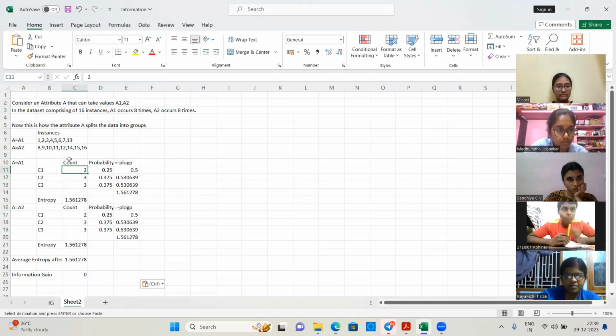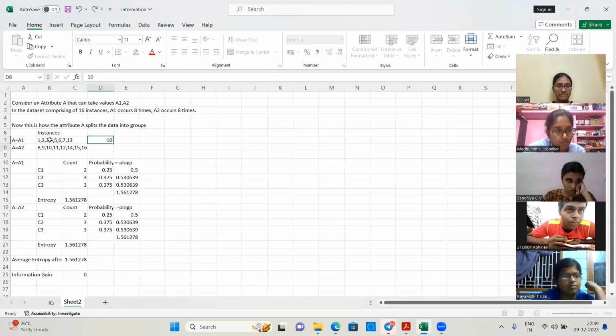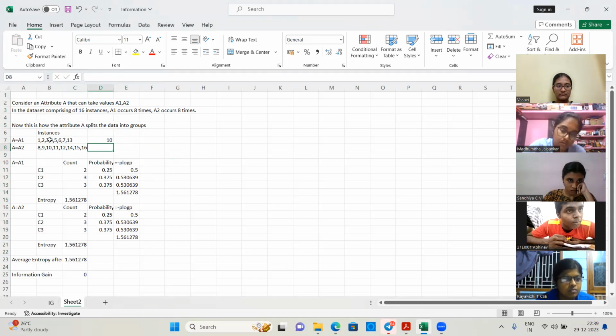Okay. Now, instead of the attribute A splitting this data equally, let us say hypothetically, it managed to split the data the following way. There were 10 instances that moved into A equal to A1. And let's say there were 6 instances that moved into A equal to A2.